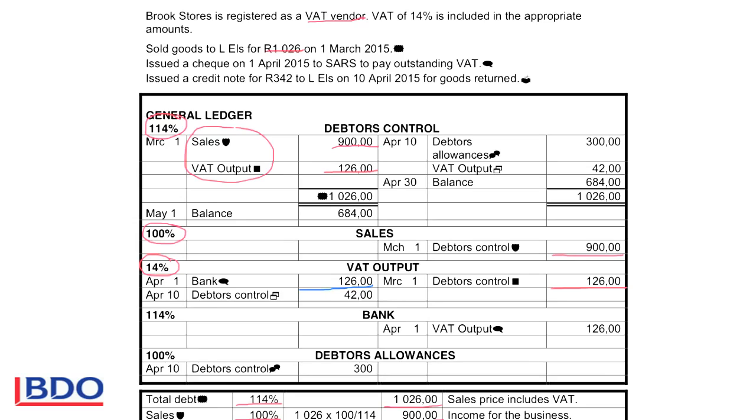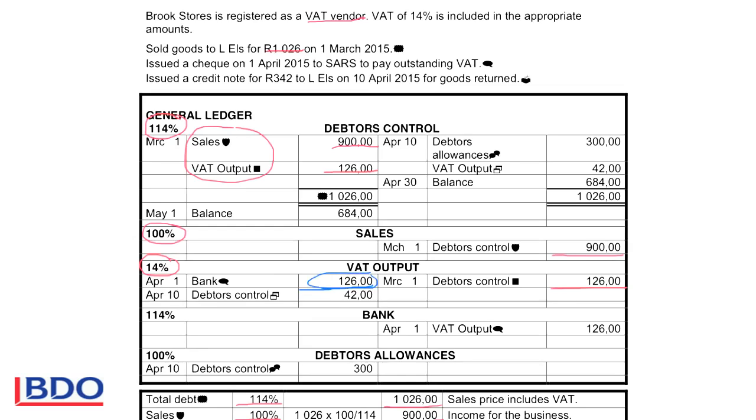What is the implication of this? Although the debtors haven't paid their account, the business is responsible to pay out the VAT to SARS as soon as they've sold the goods, not when the debtors pay for the goods. So they've already paid this debt at SARS now, but they haven't received the amount from the debtors.